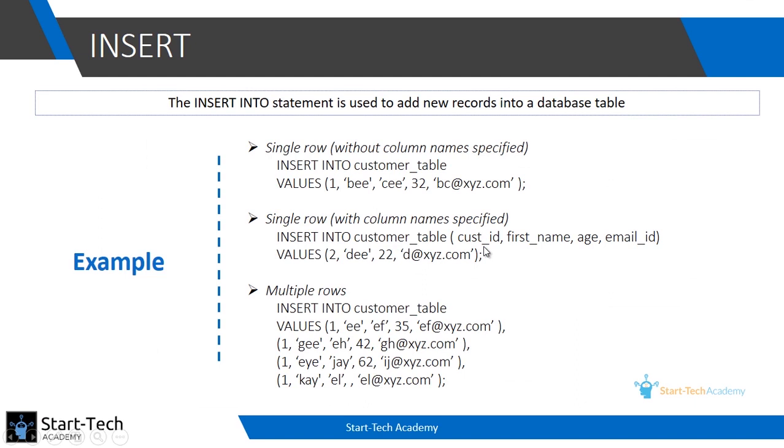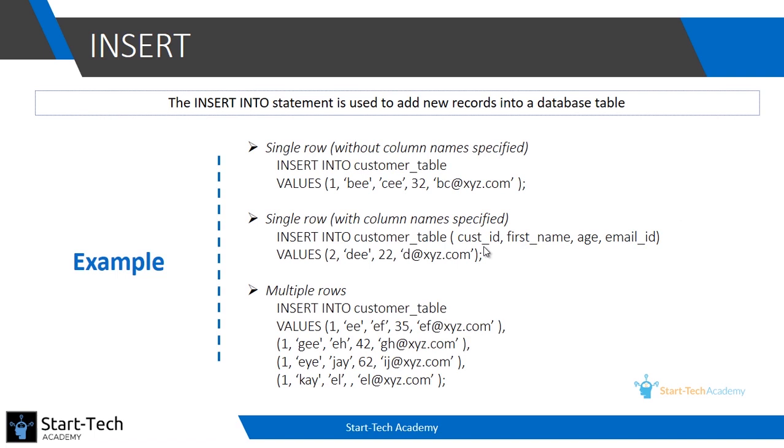In the second example, suppose for the next entry we do not have the customer's last name. Now if we do not mention the column names, the age of the customer will then be filled in the last name, as that particular field of last name was missing in that record. To avoid this error, we need to mention the column names after the table name.